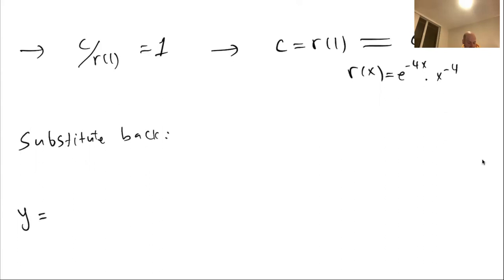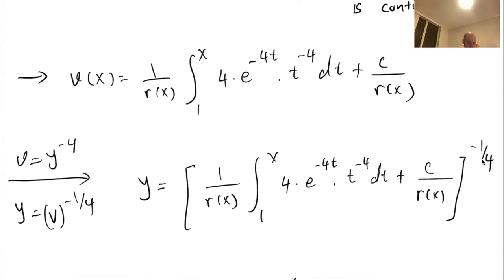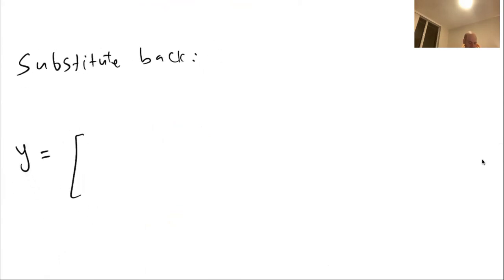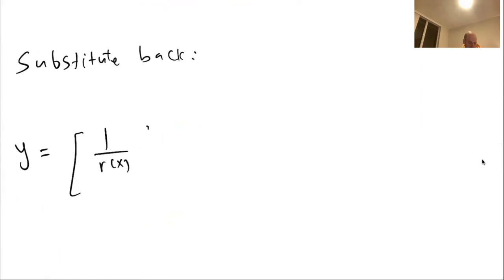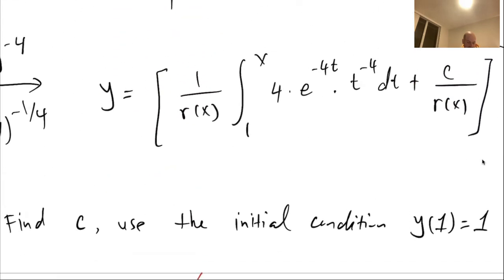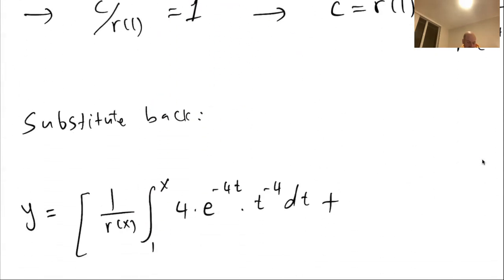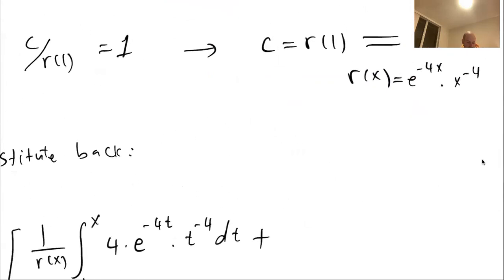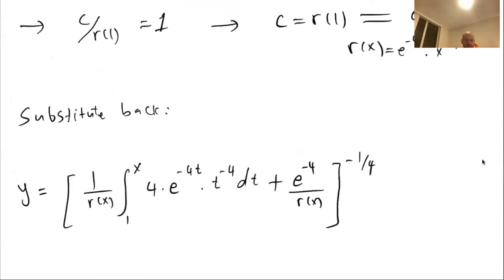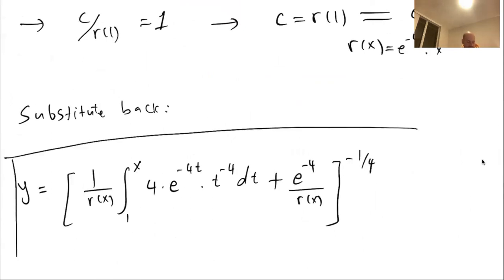And then y will be equal to 1 over r of x, integral 1 to x, 4e to power minus 4t, t to power minus 4, dt plus c over r of x, to power minus 1 over 4. c is e to power minus 4, so e to power minus 4 over r of x, the whole thing to power minus 1 over 4. This is the final answer.